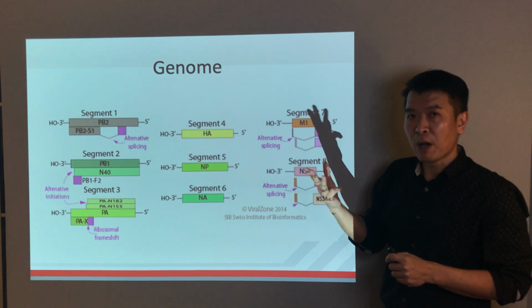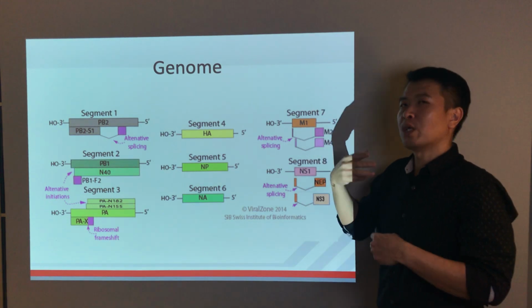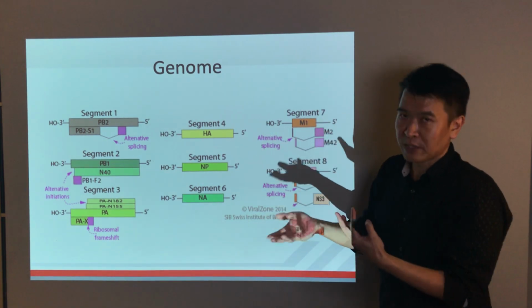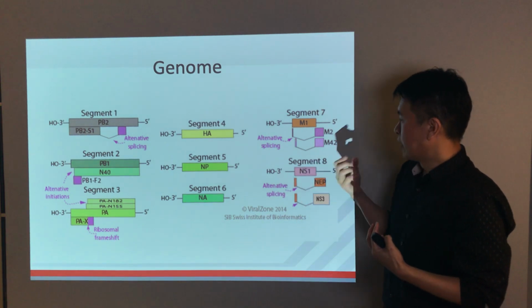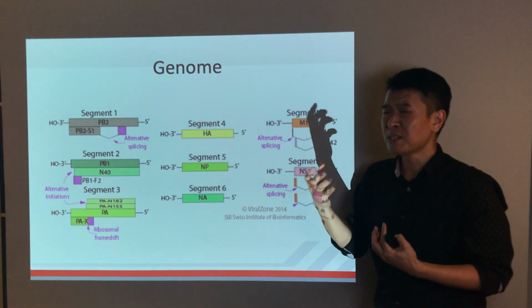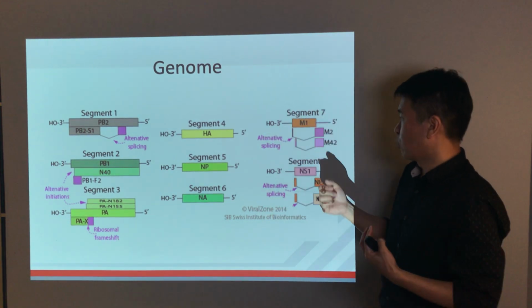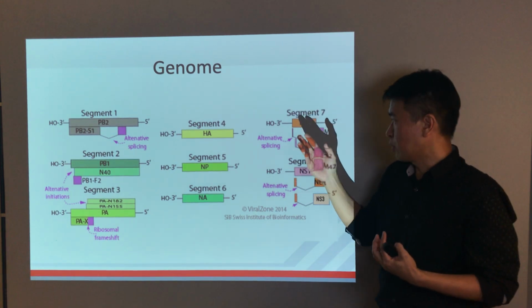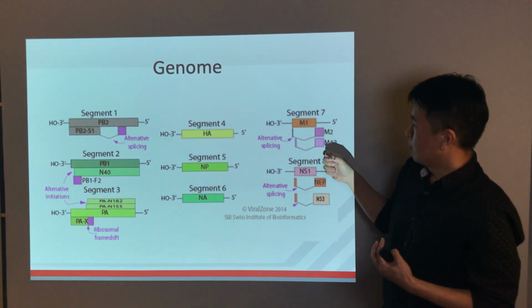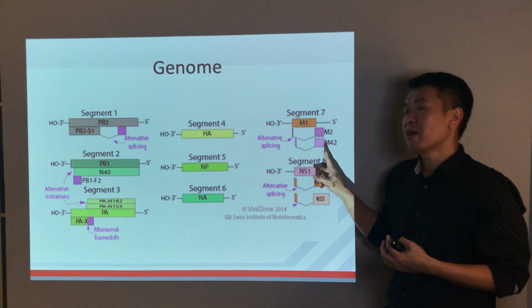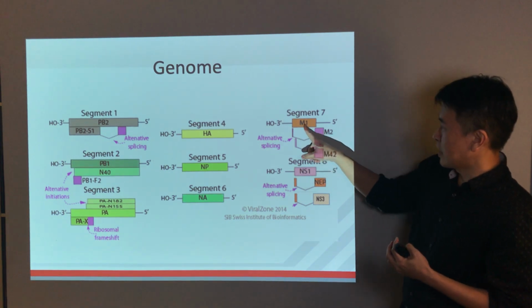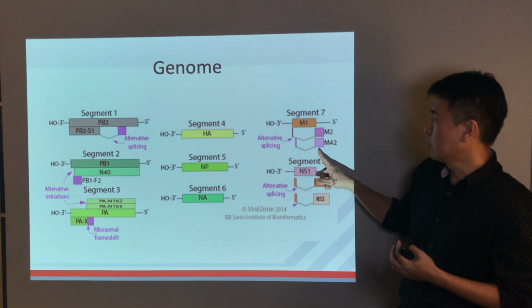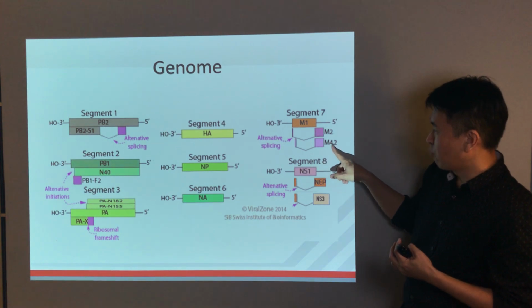But mRNA 3 is still under investigation, and scientists still couldn't find the protein produced by mRNA 3. So then they found mRNA 4. That's why it's mRNA 1, mRNA 2, M42.